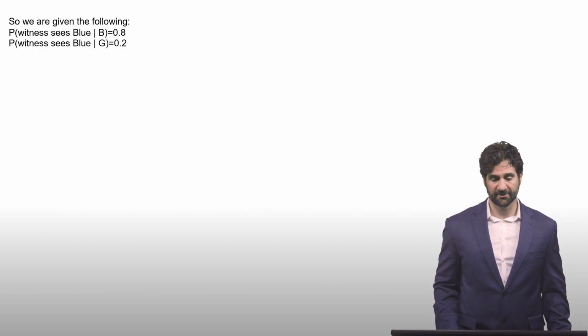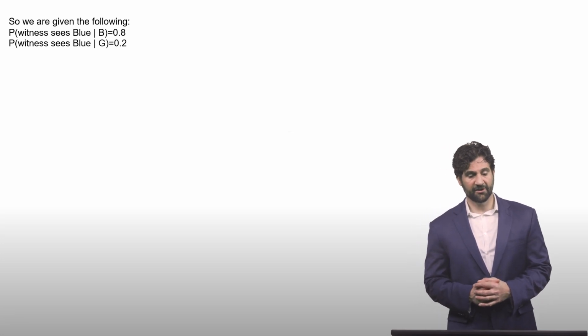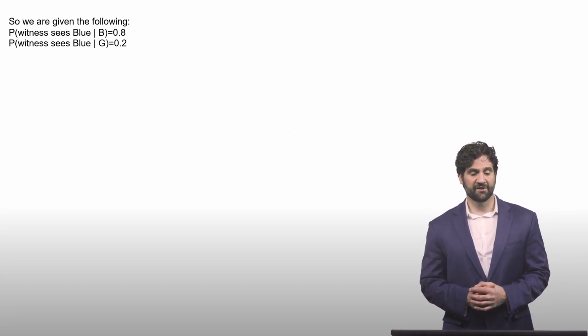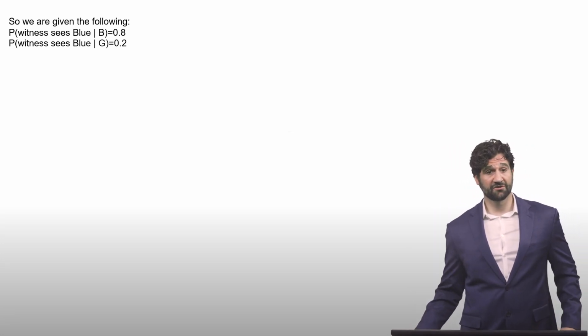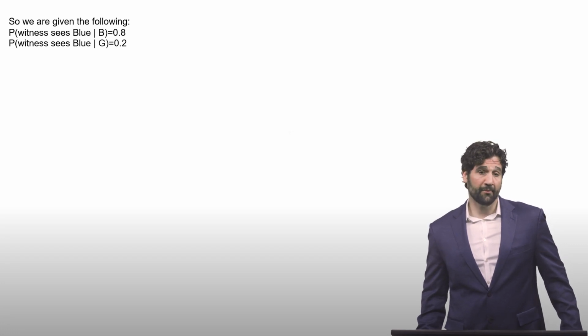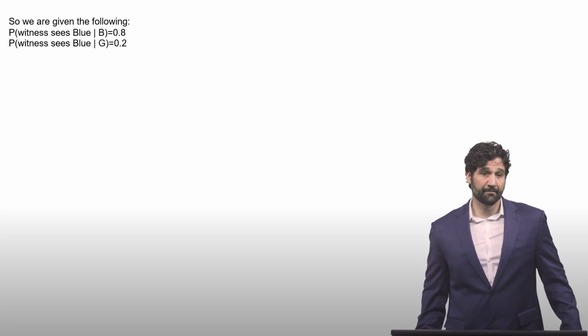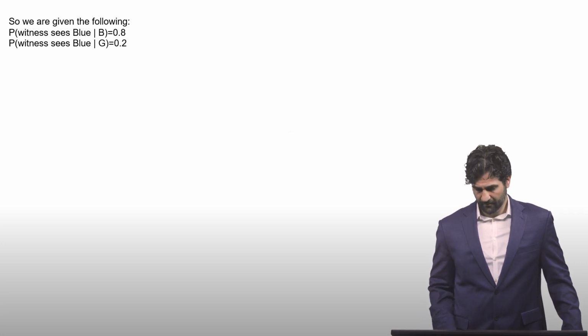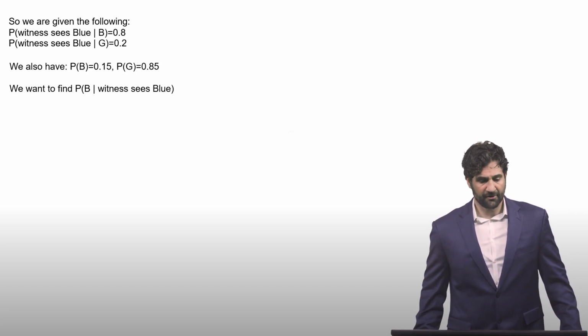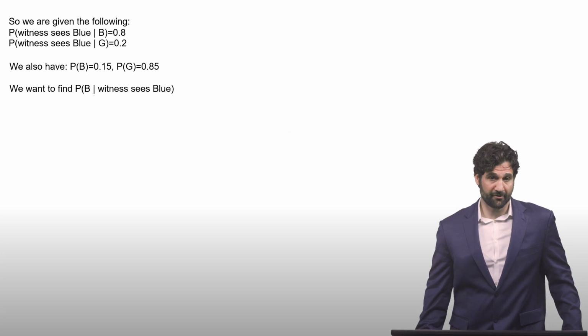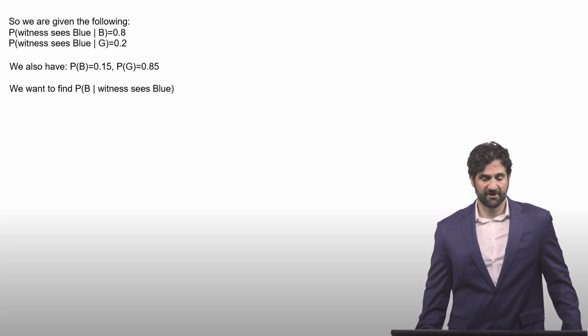Okay, let's walk through this. Here is what we have. We have the following conditional probabilities. The probability that the witness sees blue, given it's blue, is 0.8. And the probability that the witness sees blue, given that it's green, is 0.2. We also have the priors of blue and green, 0.15 and 0.85.